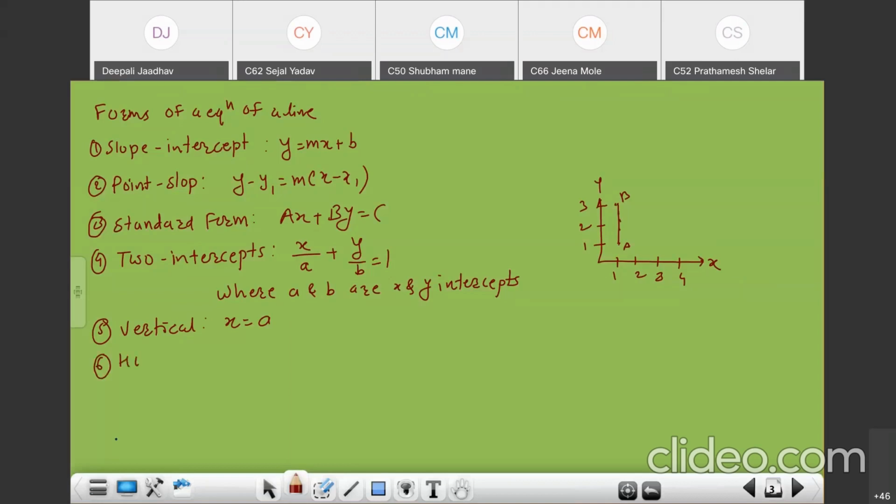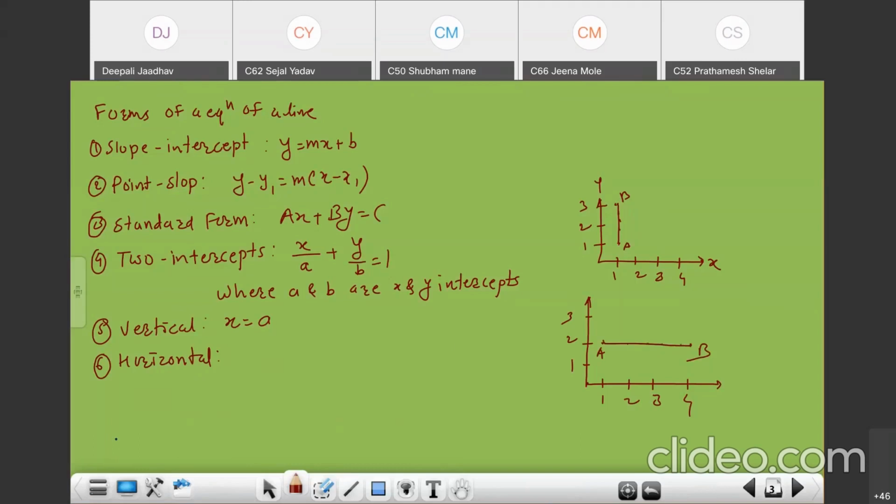Six, horizontal. Horizontal means, suppose I draw a line from here to here. This is the first point A and this is the end point B. This line is horizontal, meaning all the y coordinate values are the same.